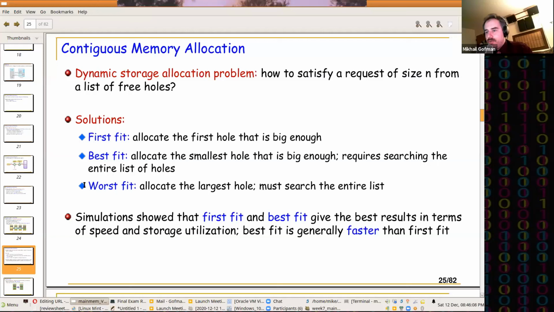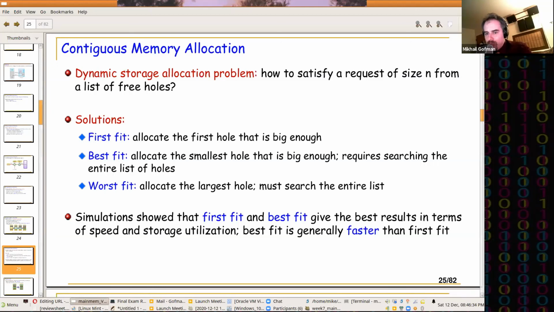And finally, there is the worst fit, which tries to find the largest hole that can fit the process. Generally, the first fit and the best fit give the best results in terms of speed and memory utilization. And the best fit generally gives the fastest performance, faster than the first fit. So that's basically the idea.